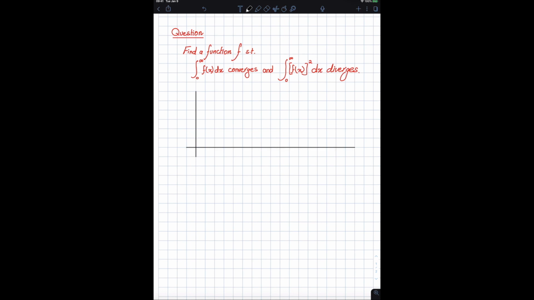I'm going to say that at every peak, let's say this is 1, 2, 3, and 4. So I'm going to say at every integer n, my function f has a trapezoid or a trapezium, same thing, with the following properties.